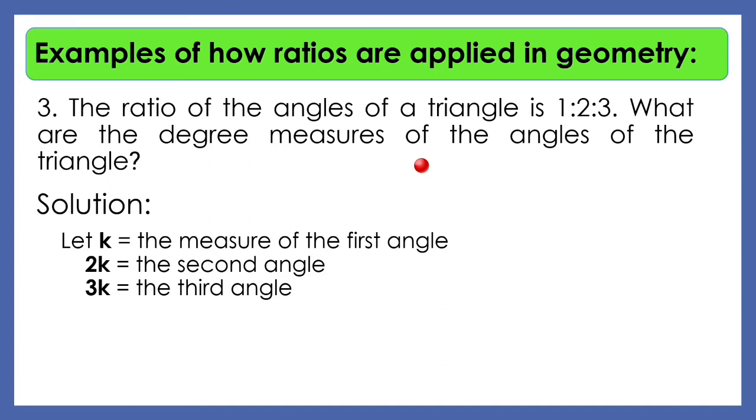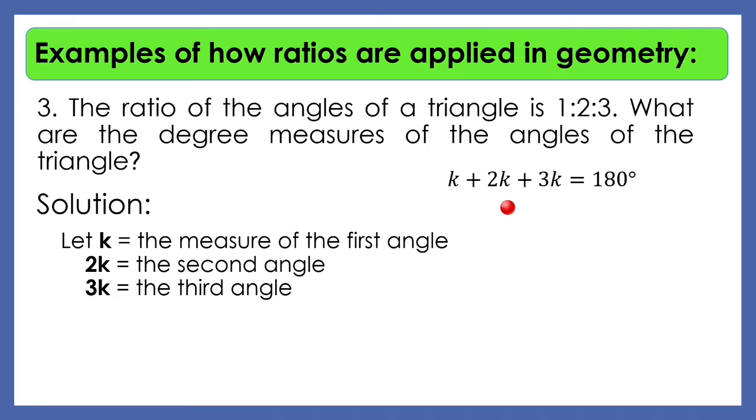Yung sum ng measures ng angles ng triangle is 180 degrees. Bubuo tayo ng equation, gamit yon. K plus 2K plus 3K equals 180 degrees.